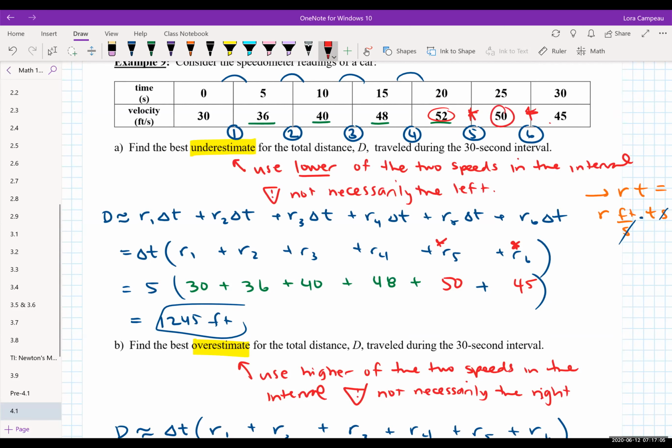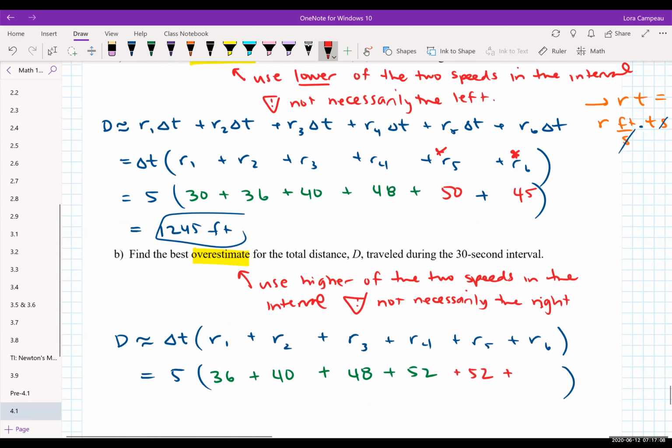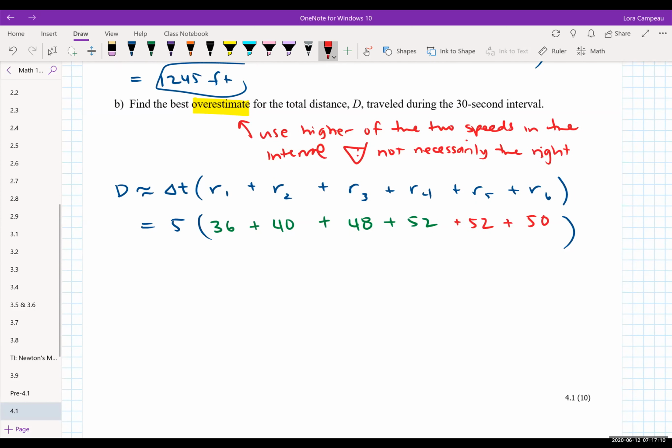We are choosing 50, because that is the higher of the two values. And so if we calculate this, you can plug this into your TI. I'm getting this to be 1,390 feet.